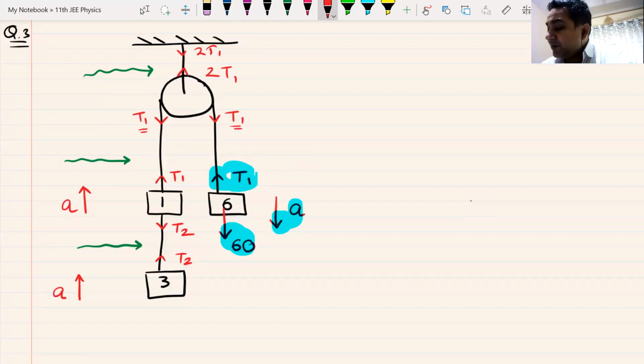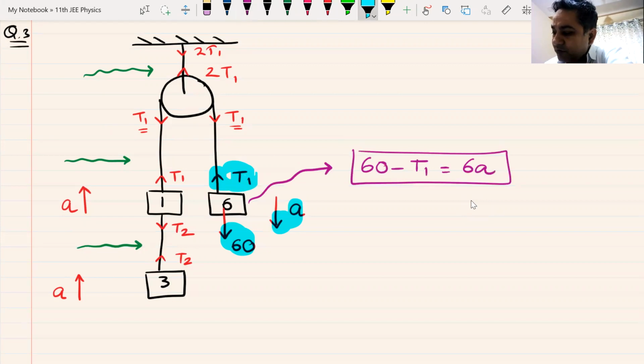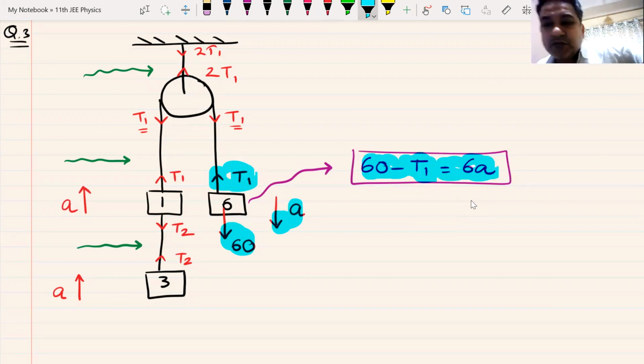It is moving downwards. 60 is downwards. 60 minus T1 is equal to ma, 6a. That becomes the equation of the first block in blue. I hope everyone is there with me on this one. Yes or no?